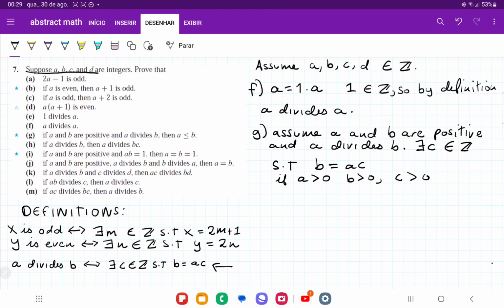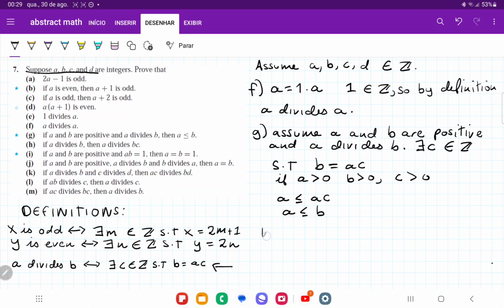And so if C is positive, it must mean that A is less than or equal to AC because C is positive. And so A is less than or equal to, because AC is B, A is less than or equal to B. And so we have proof that if A and B are positive and A divides B, then A is less than or equal to B.